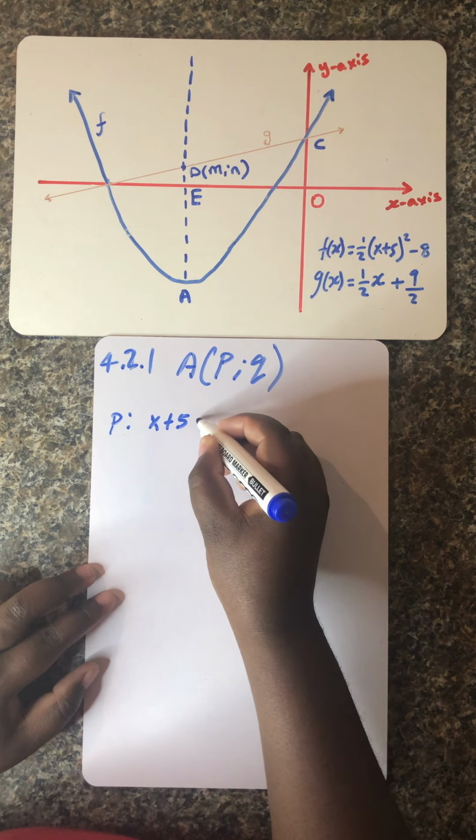Therefore x is equal to -5. You move 5 to the other side of the equal sign and it changes sign, it becomes -5. Obviously your q is equal to -8.